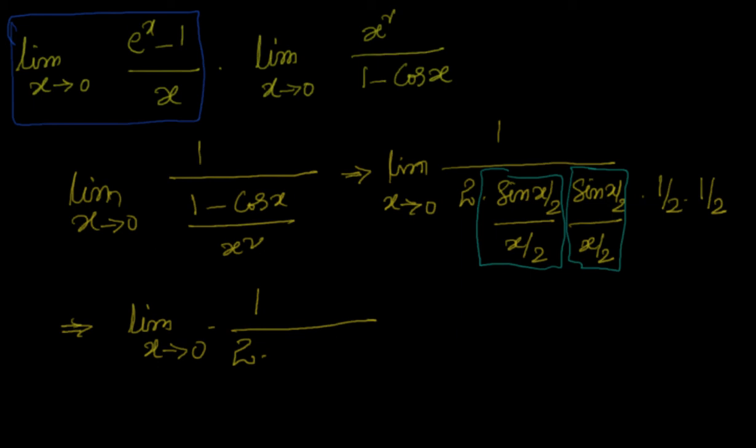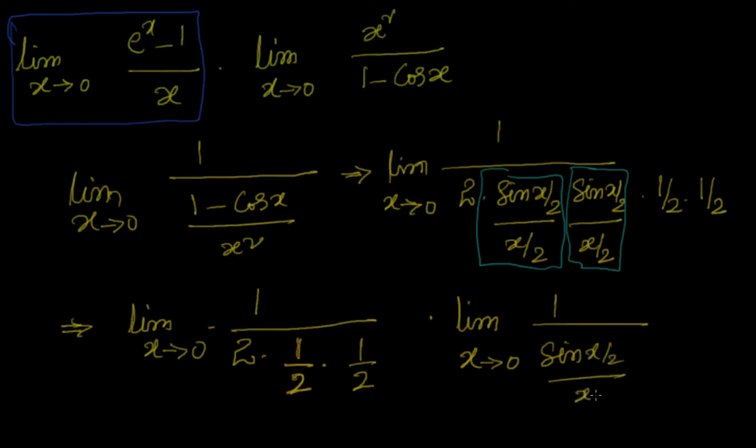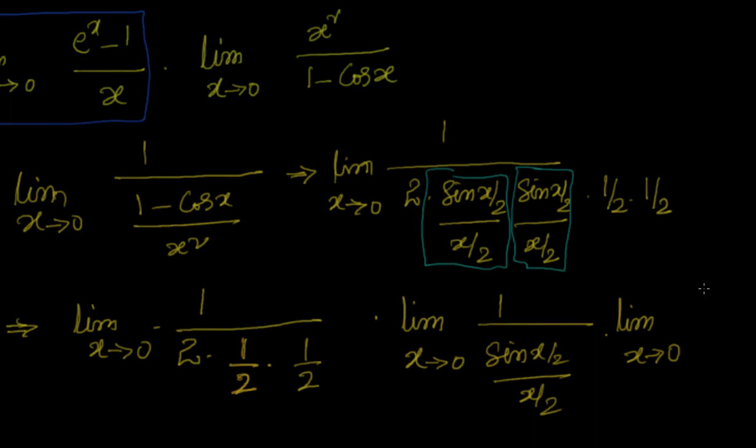So I will say 2 into 1 by 2 into 1 by 2 into limit of x tends to 0 of 1 by sin x by 2 by x by 2, into the same limit of x tends to 0 one more time, 1 by sin x by 2 by x by 2.